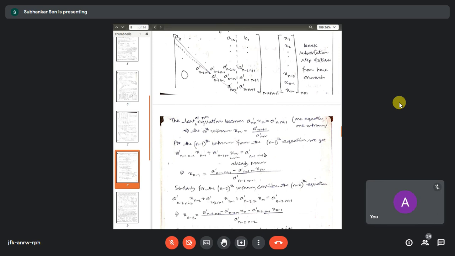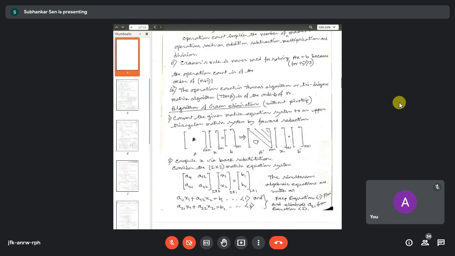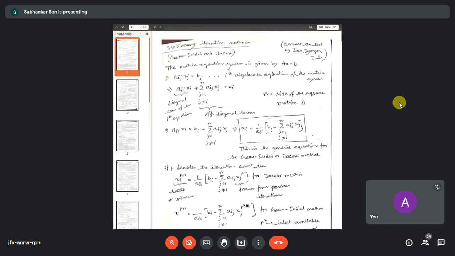If you remember only this thing, you can do any algorithm of this kind, I am telling you. This equation you have to remember, and you have to understand it. By remembering this, you can easily understand the use of the indices. What is j? X will also have the same index. That is important. And this is the ith equation. So by looking into this, you can write any equation anytime.